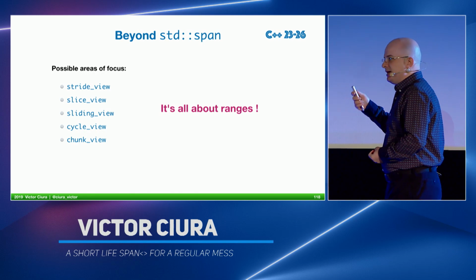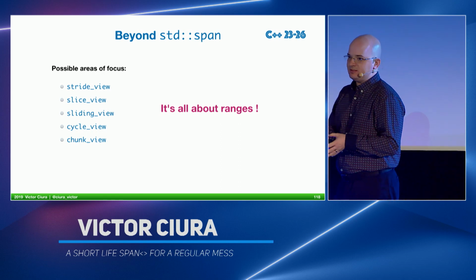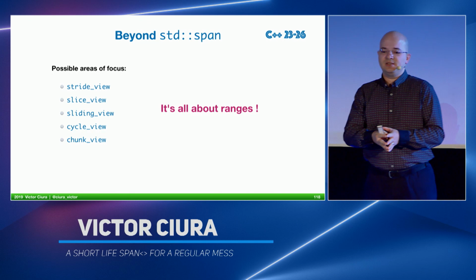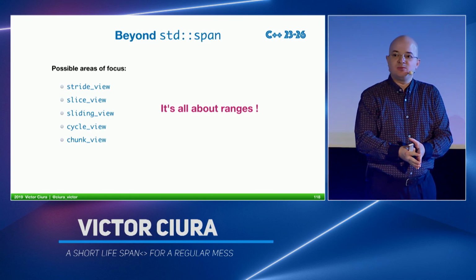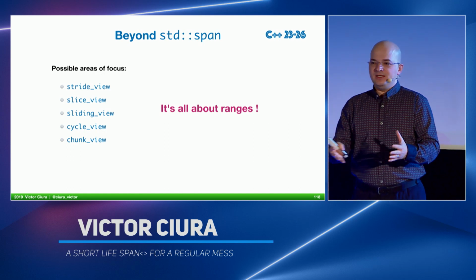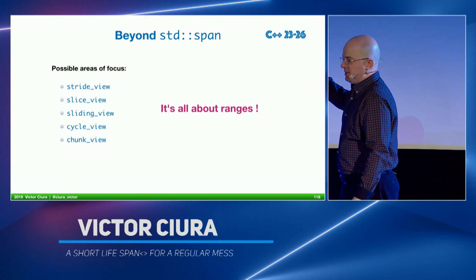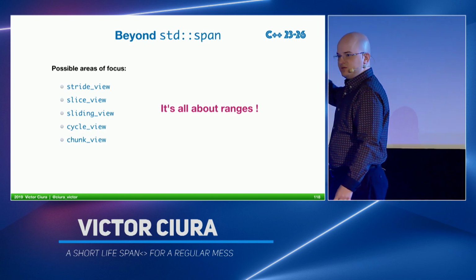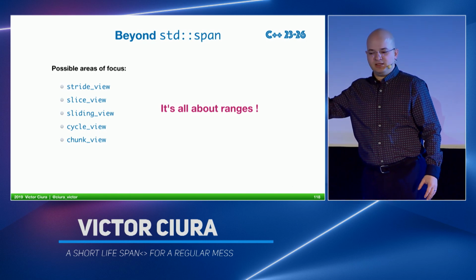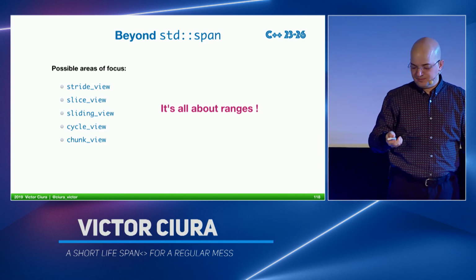So we're going to get higher level abstractions, but these are different things. Span is meant as an efficient low level solution for a common problem, that of formal or implicit ranges. These come as a higher level abstraction that can work over any kind of sequence, whether it's contiguous or not. So these are different beasts, and we don't have them yet.